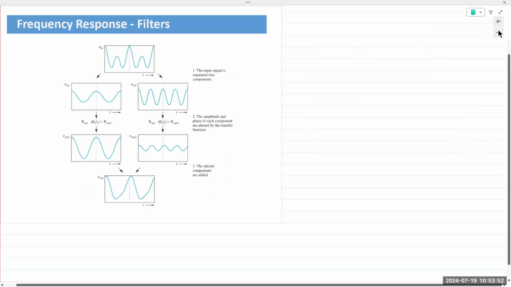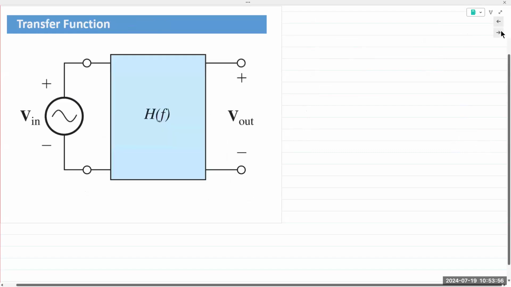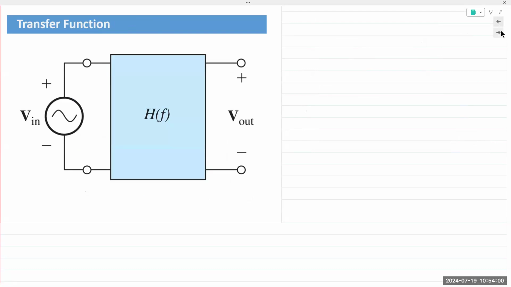So V in and V out, and I'm going to introduce a term that I created and named after myself: H of F. You don't believe me? Yeah, neither do I. H of F is a term called the transfer function.